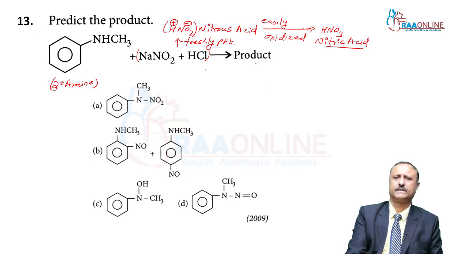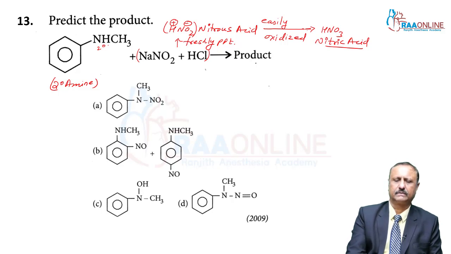Here, my dear students, this is the secondary amine. When a secondary amine reacts with nitrous acid, an N-OH compound is formed first of all.